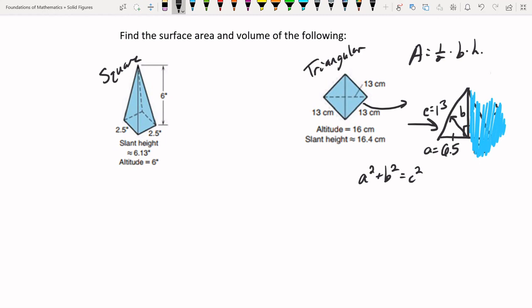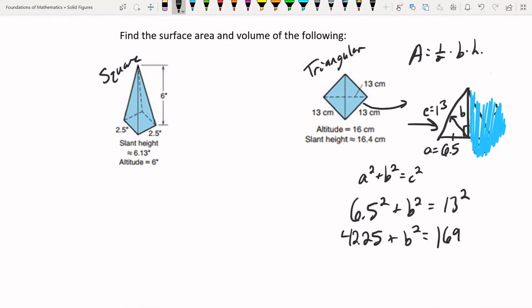Okay, we have 6.5 squared plus b squared equals 13 squared. 6.5 squared is 42.25. 13 squared is 169.